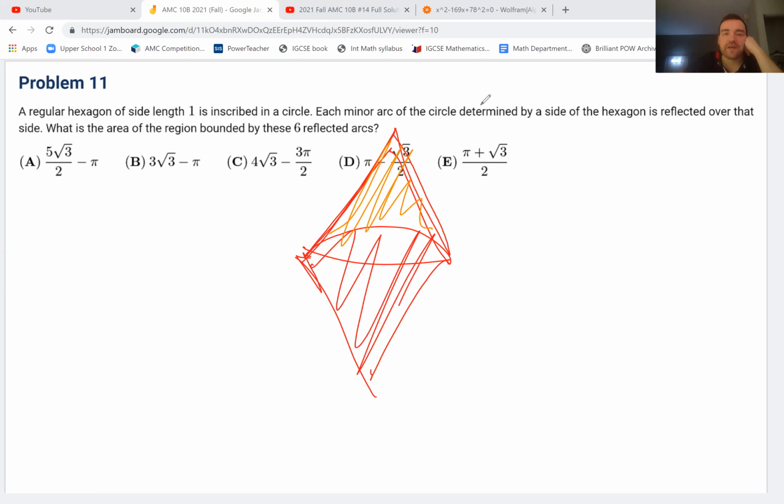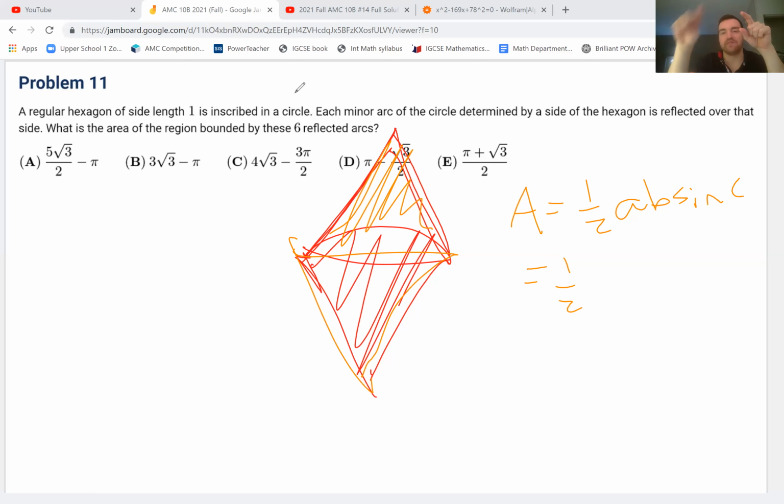So how much would be the area of one of those triangles? If you've taken some trig, the area is 1/2 ab sine C. Remember, this is an equilateral triangle because it's 1/6 of a regular hexagon. All the angles inside a hexagon are 120 degrees, which means if we break it up into 6 triangles, they're each going to be 60, 60, 60.